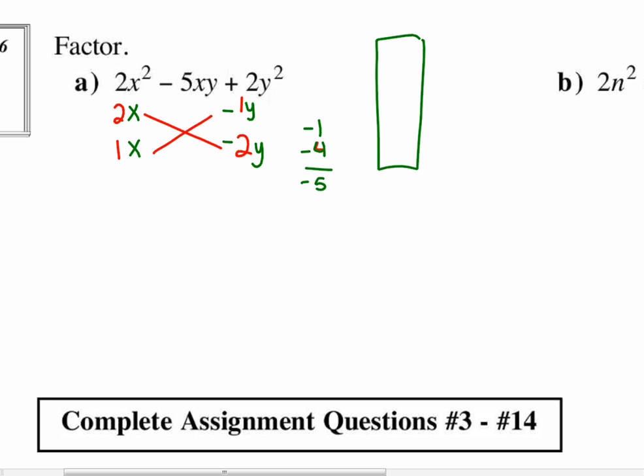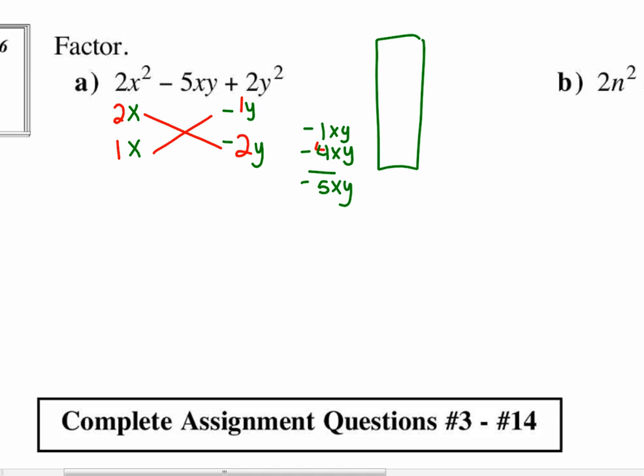And that would still give me my middle term of -5xy, because when you multiply 2x by -2y, it's -4xy. And when you multiply 1x times a -y, it's -1xy, which makes -5xy. Okay, so that's the middle term of the FOIL, because there's an x times a y and an x times a y. Then we add them together.